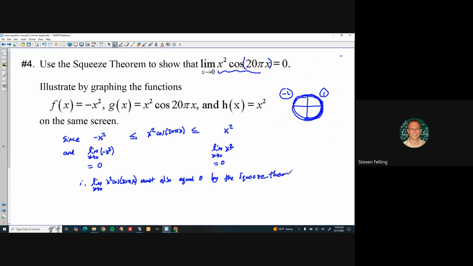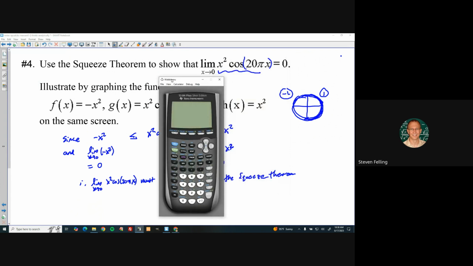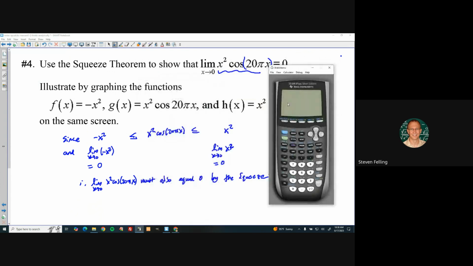Okay, so this is the squeeze theorem and how it would be invoked. Let's actually see that with a calculator so we can see what they're talking about. So if I graph this function, let me plug that in. We'll set limits too. So let's put in x squared times cosine of, let me make sure I'm in radian mode here. Yeah.